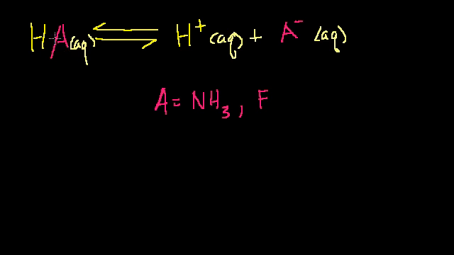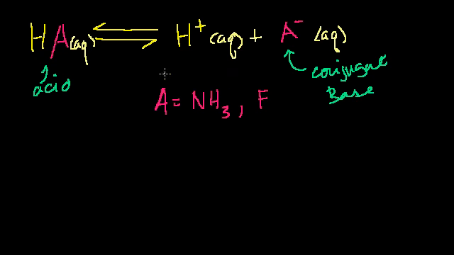So we learned in the last video that if this is the acid, then this is the conjugate base. And we could write the same reaction essentially as more of a basic reaction. So we could say, if I start with A minus in an aqueous solution, that's in equilibrium with, this thing could grab a hydrogen from the surrounding water and become neutral.